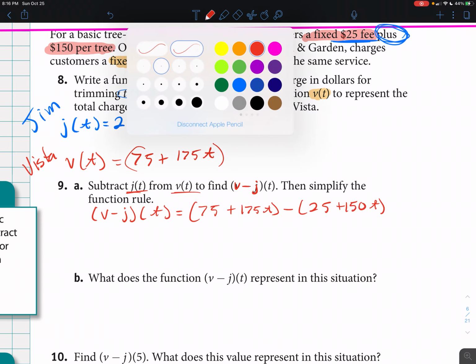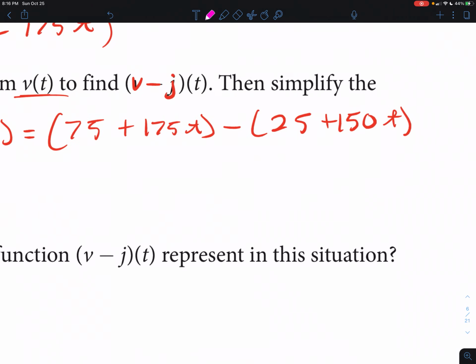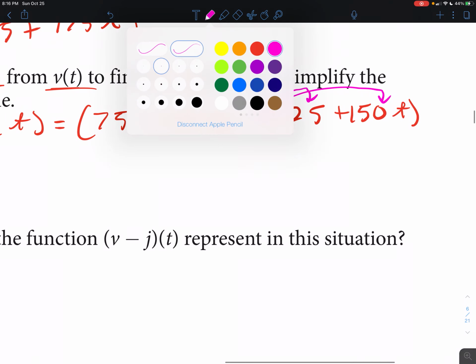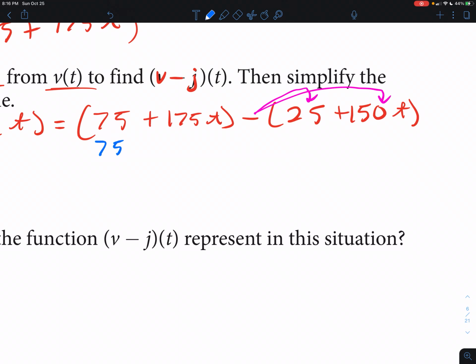If you watched the warm-up, this is just like what I talked about in the warm-up. You can forget about the function notation for a moment and just look at what we have. We have to subtract the 25 and the 150T. So what we really have is 75 plus 175T minus 25 minus 150T. Both of those are being subtracted. And then combine like terms.